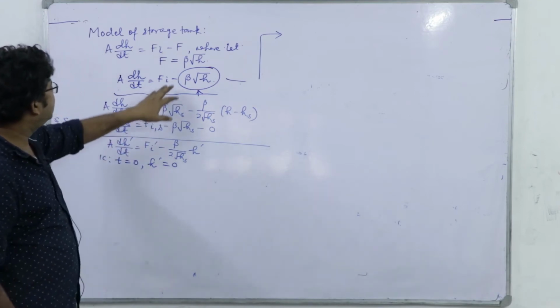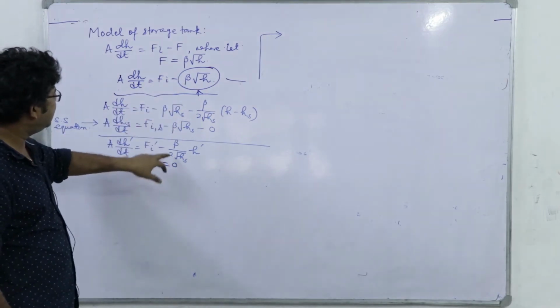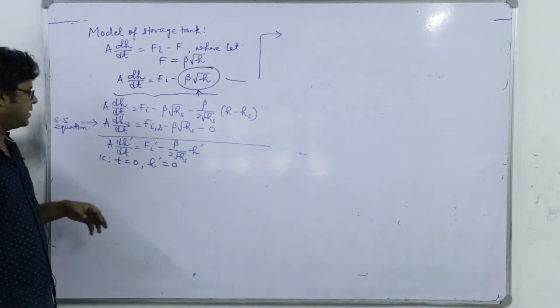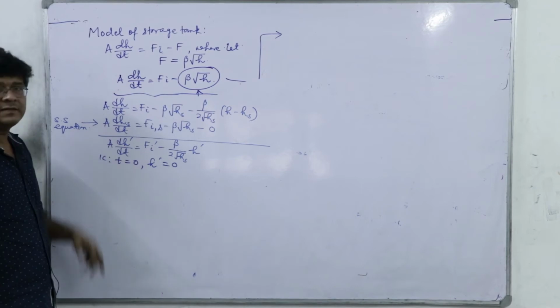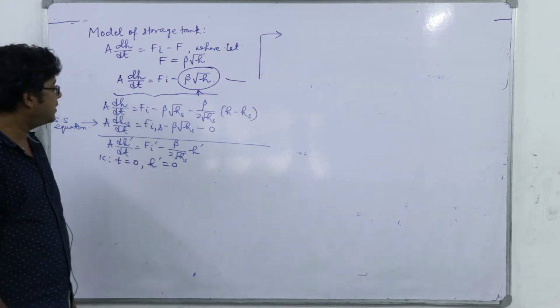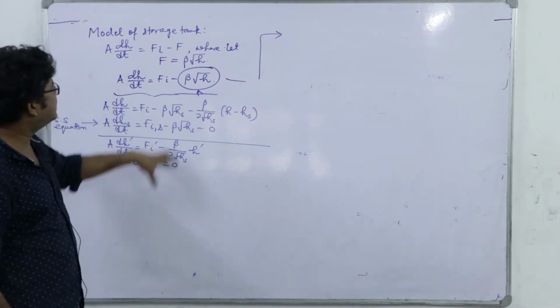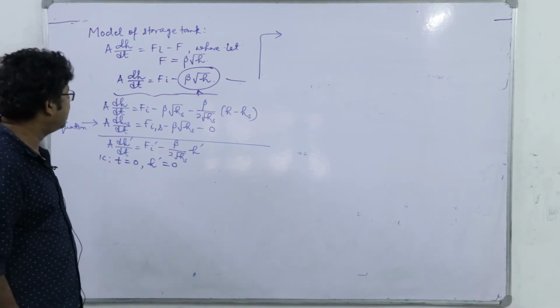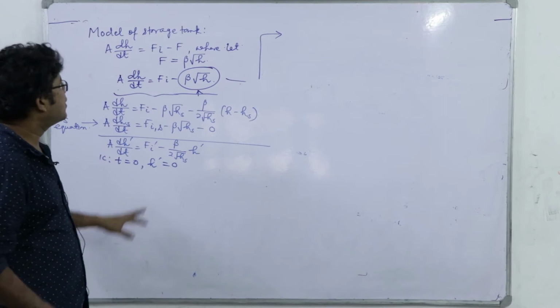Though we have linearized the system, we haven't considered that exact linearization. Why? Because beta is also a manipulated variable, and that is why it is an input variable. It is a linearization with respect to the state variable, whatever is given in every book.